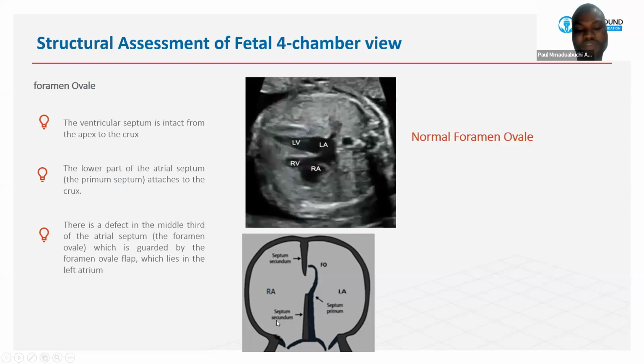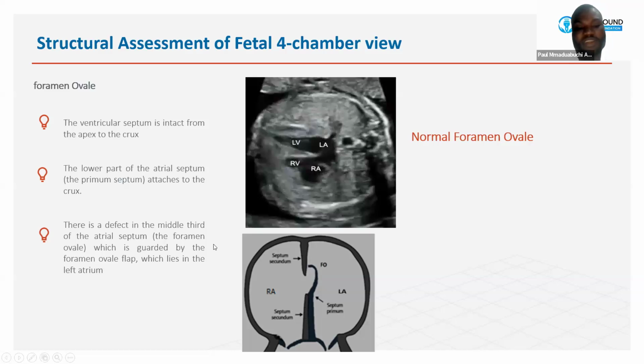However, the septum secundum also continues to grow, and before the septum secundum comes, there is always an opening, the first opening between the right and the left atrium. So the septum secundum comes and closes it, and then gives rise to the foramen ovale.